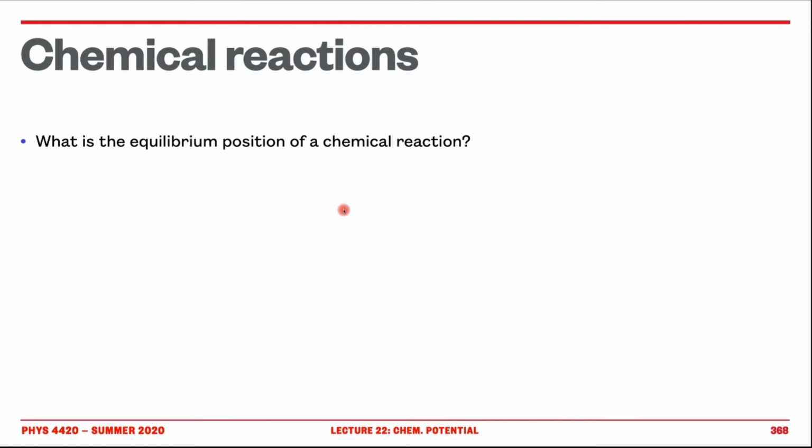Now, let's focus on the coming slides, probably the next dozen or so slides, on chemical reactions. The question we want to ask is, what is the equilibrium position of a chemical reaction, taking into account not just the energy as we've seen before, but also the number of particles?